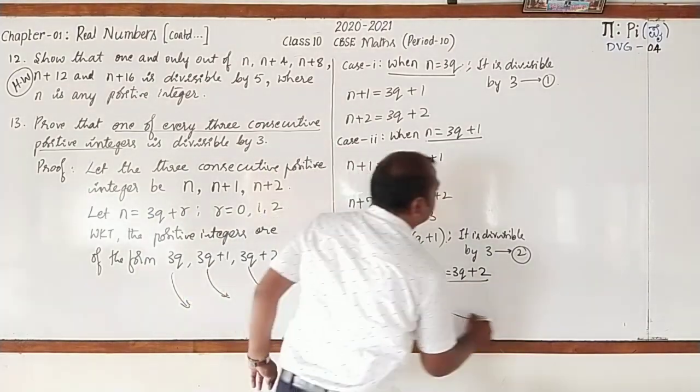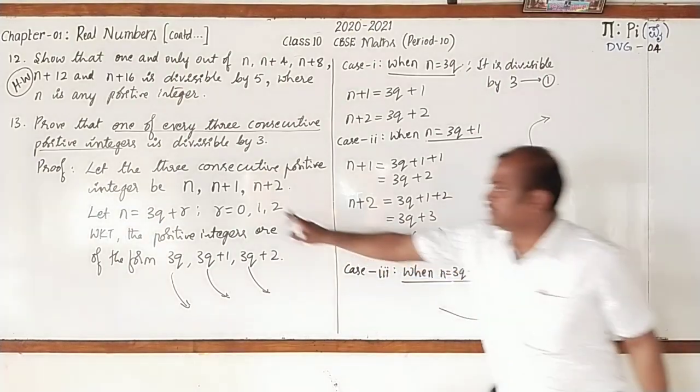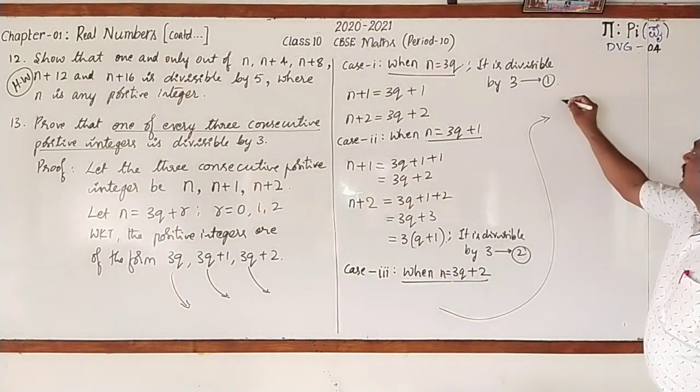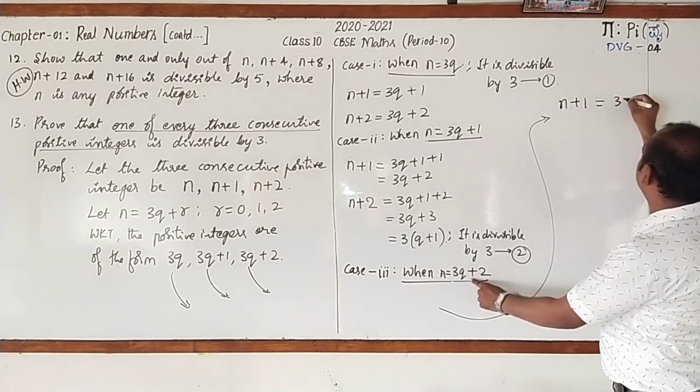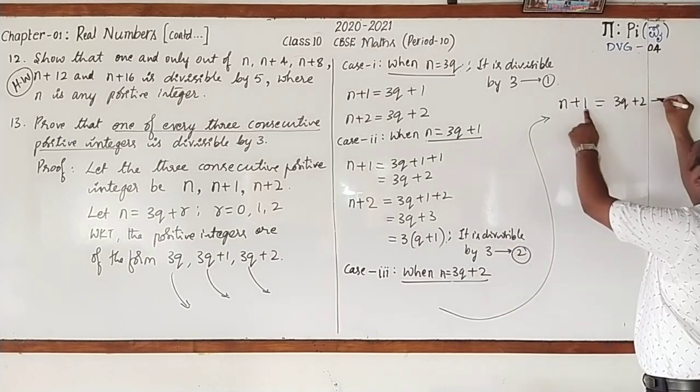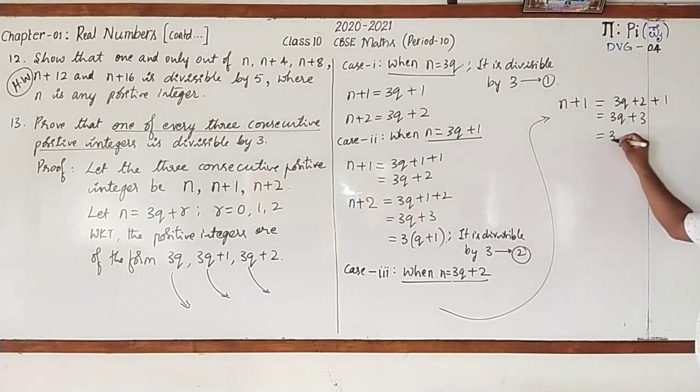Observe. n is over. Next remaining n plus 1 and n plus 2. n plus 1 is equal to, n is 3q plus 2 plus 1. It is 3q plus 3, 3 into q plus 1.